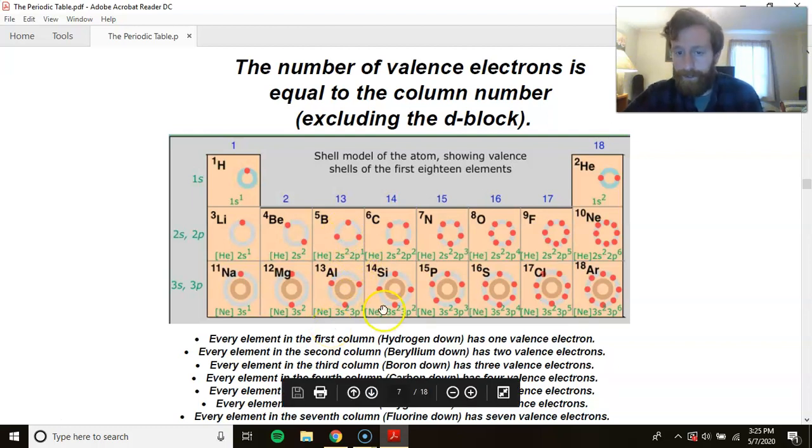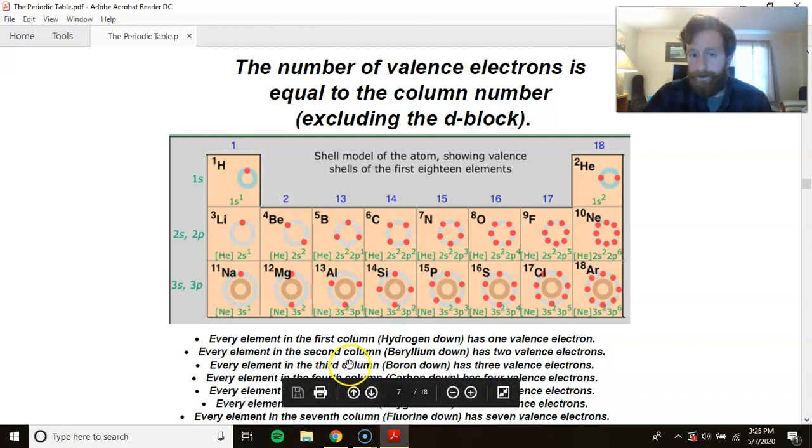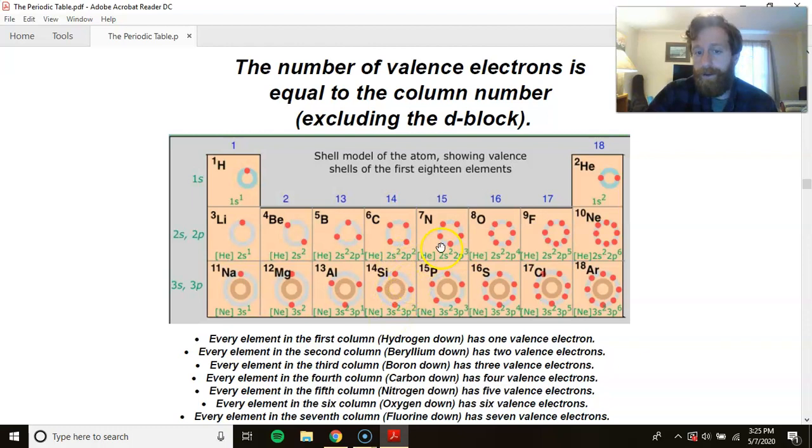I probably don't need to belabor this and go through every piece. You can see the pattern that's going to emerge here: the 13th column has 3 valence electrons, that's boron and down. Carbon and down has 4 valence electrons because of the s2p2. Nitrogen and down has 5 because of the s2p3.